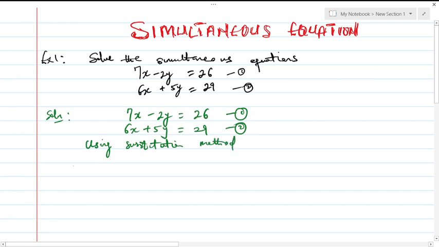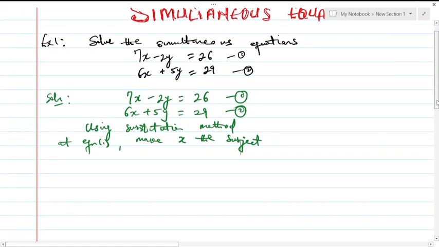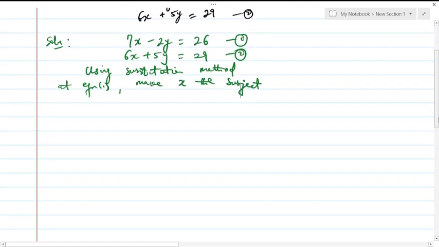in equation 1, I will make x the subject. You can check the previous lesson to know how to change the subject of a formula. Alright, equation 1 is 7x minus 2y equals 26.